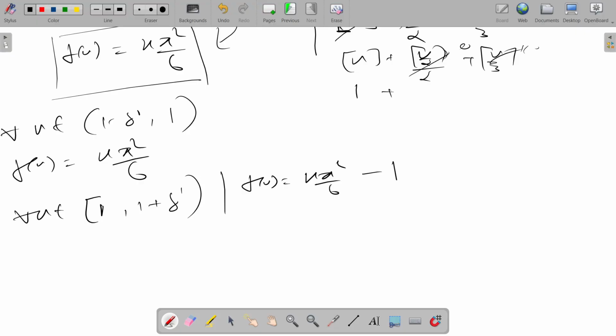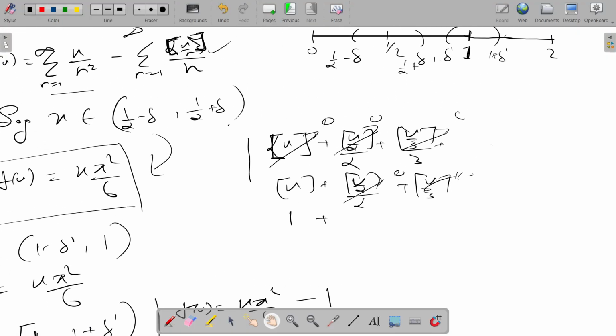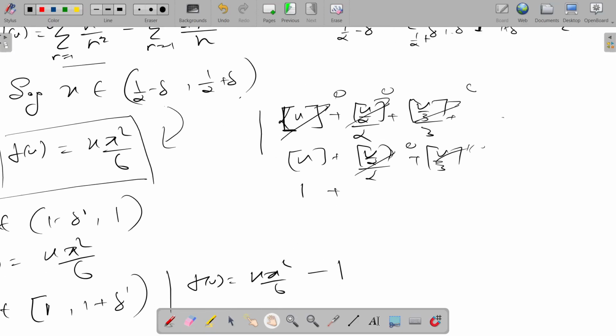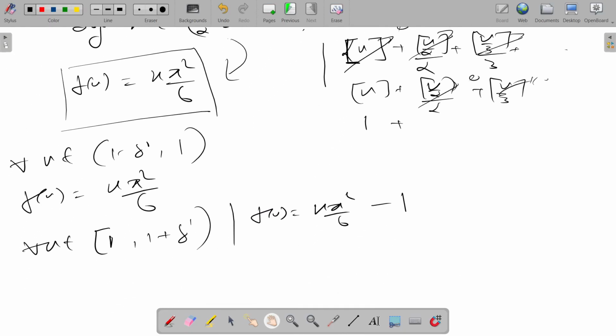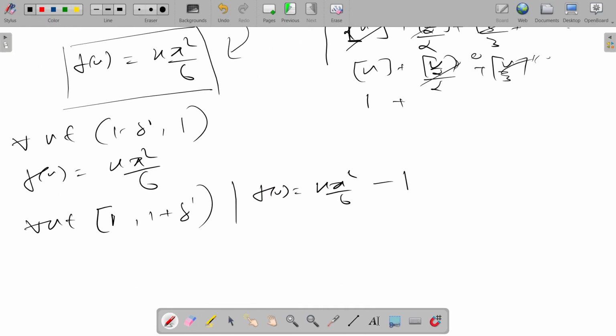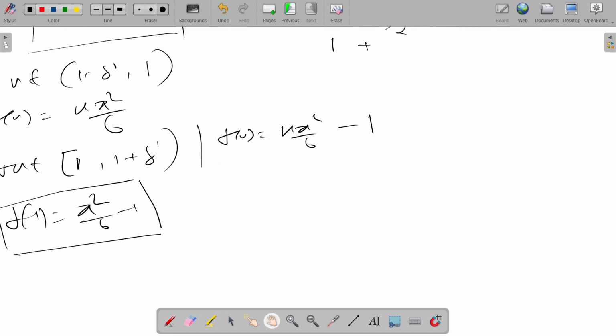Because for all x belonging to this, the rest of the terms will be 0, but floor of x will be 1. So our f of 1 here will be pi square by 6 minus 1. So basically our graph will look like this.